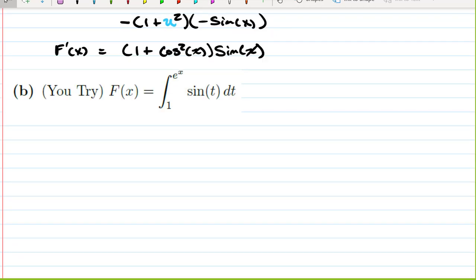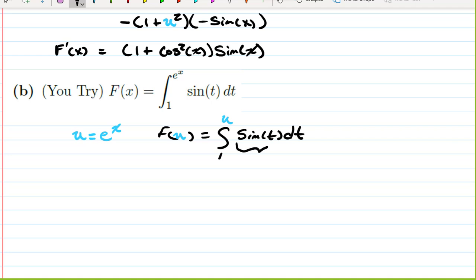All right, so to do this u-try, we recognize once again that it's function composition. So u is going to be e to the x, then f of u is going to be the integral from 1 to u of sine t dt.